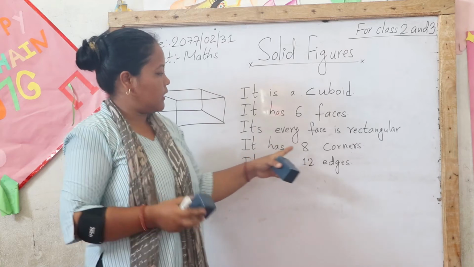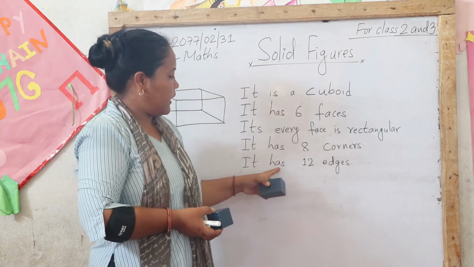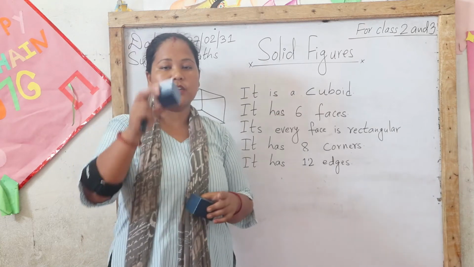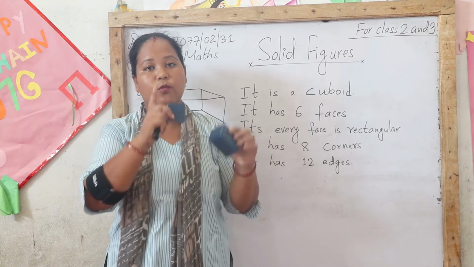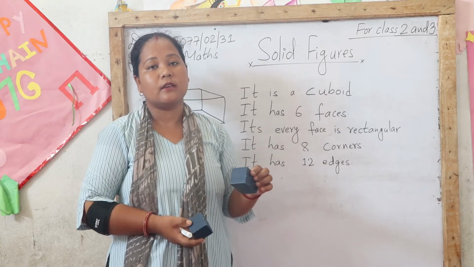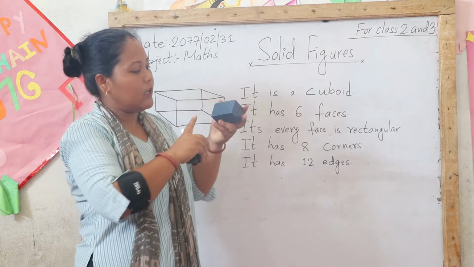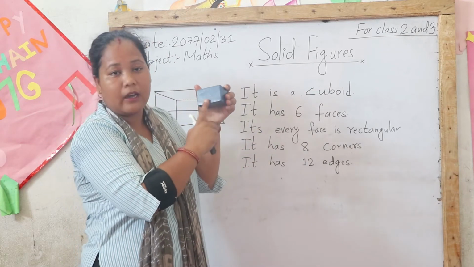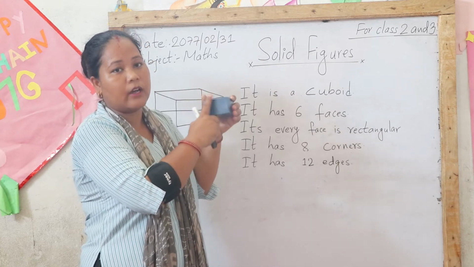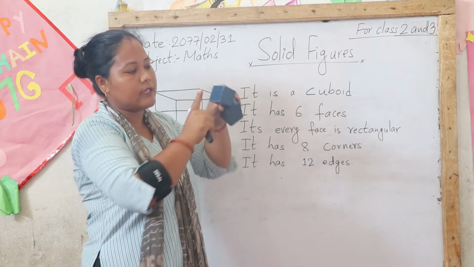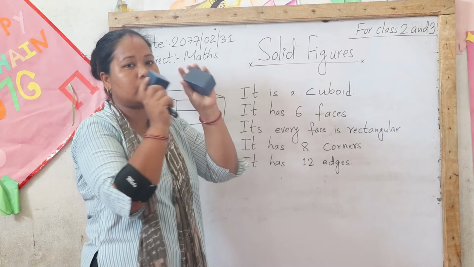In cube 8 corners and cuboid also 8 corners. Cube has 12 edges, cuboid also has 12 edges, but one property is different. What is that? In cuboid the faces are in rectangle form, and in cube the face is square. This is the different property of these two models.